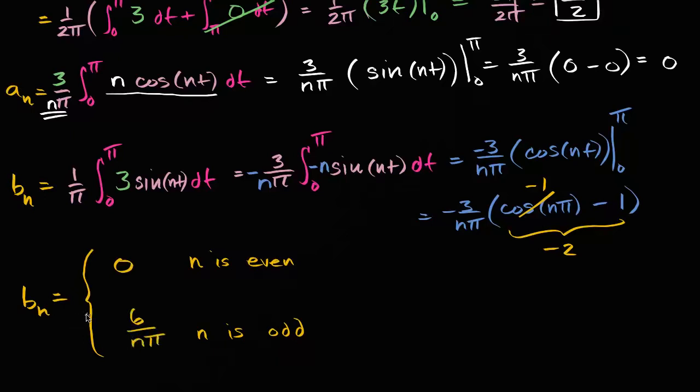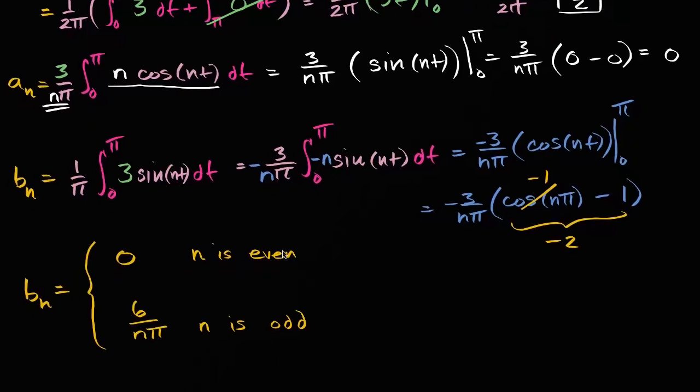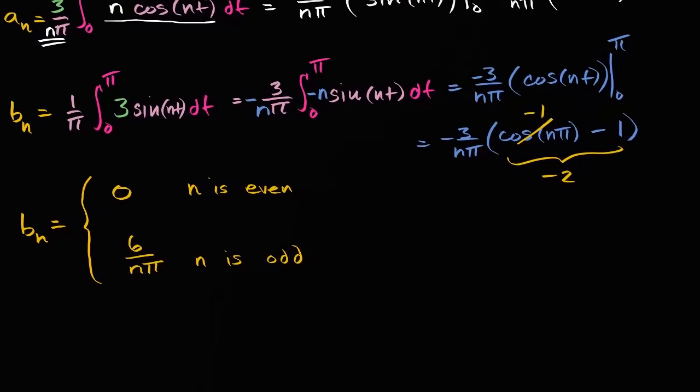So there you have it. We have been able to figure out our Fourier expansion. It is going to be our square wave, and we definitely deserve a drum roll. This is many videos in the making. F of t is going to be equal to a sub 0, we figured out in this video, is equal to 3 halves. So it's going to be 3 halves. Now, we don't have any a sub n's.